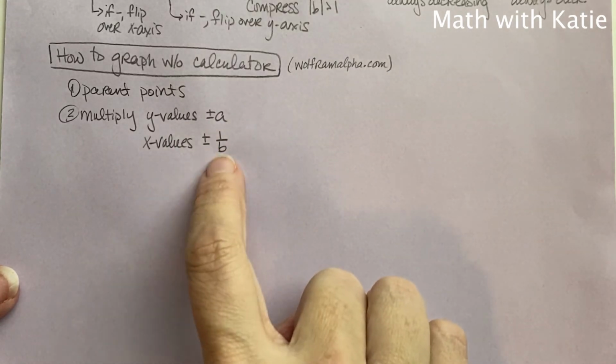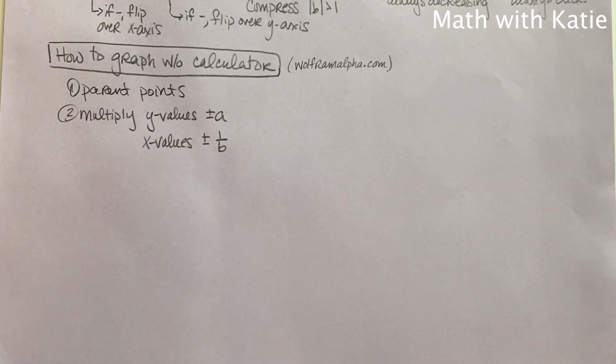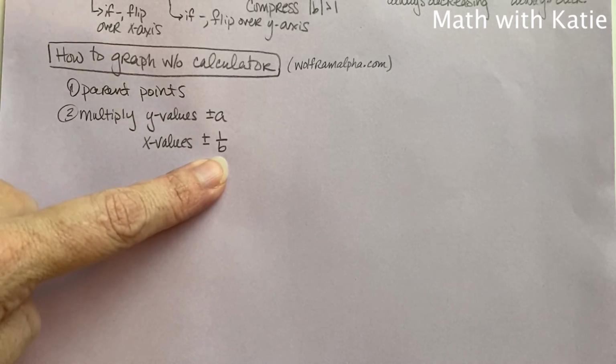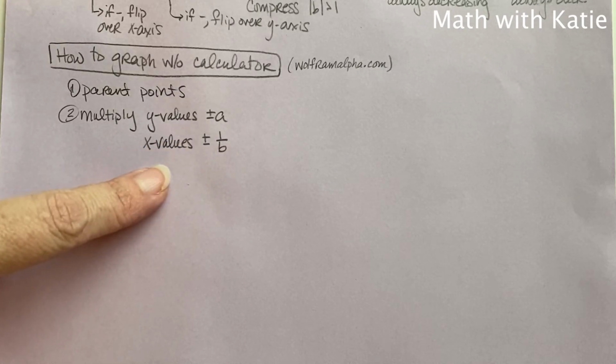This is really important, because remember when we were talking about transformations, the horizontal stretch was if the b was between 0 and 1, and the compress is if the b was greater than 1. So that's why we have to multiply by the reciprocal, 1 over b, to the x values of our parent points.